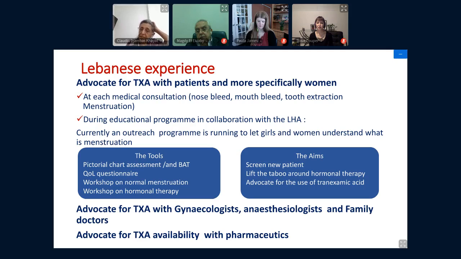What we have done with tranexamic acid in Lebanon is that we mainly advocate for tranexamic acid with patients, and more specifically women, as you can understand. And usually at each medical consultation, whatever it is, we discuss tranexamic acid all the time.